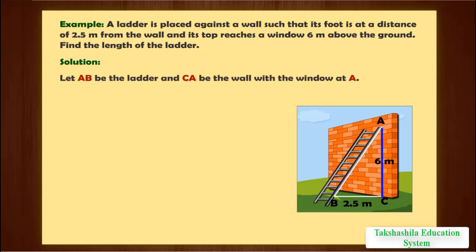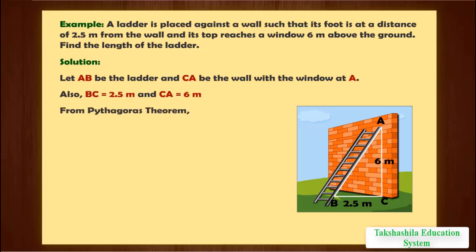Let AB be the ladder and CA be the wall with the window at A. Also, BC is equal to 2.5 meters and CA is equal to 6 meters. From Pythagoras theorem, AB square is equal to BC square plus CA square.